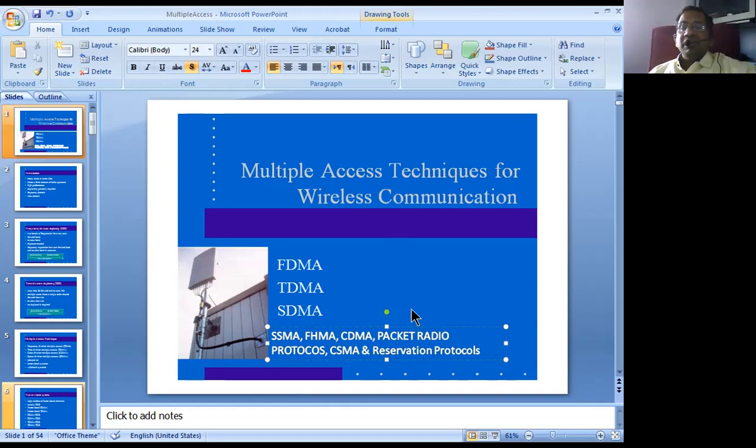So multiple access techniques are normally used to share a limited resource, or a single resource, among many users or many systems.